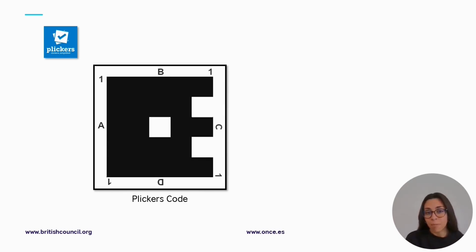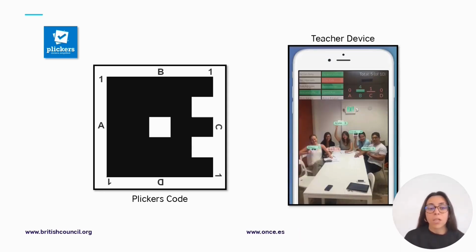The number is the number of the student and the letters are the 4 alternatives that the question has.